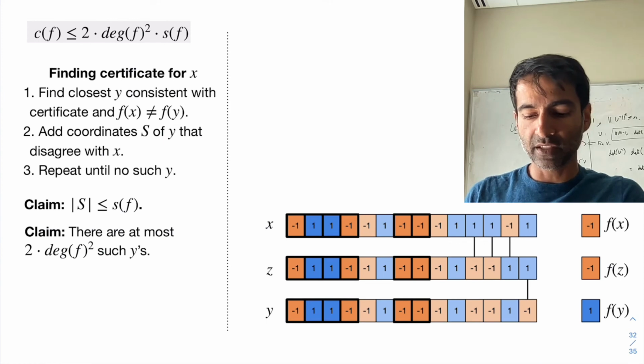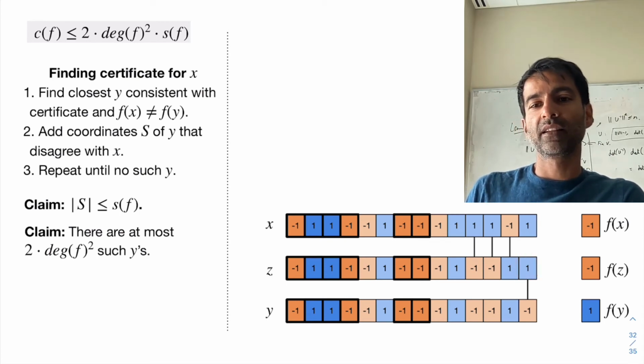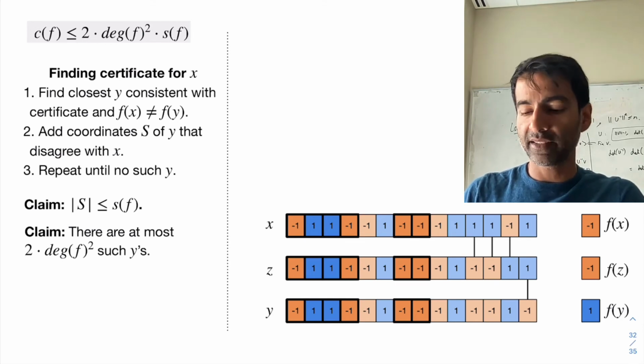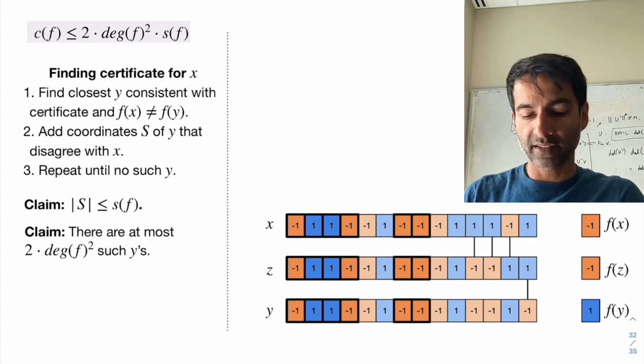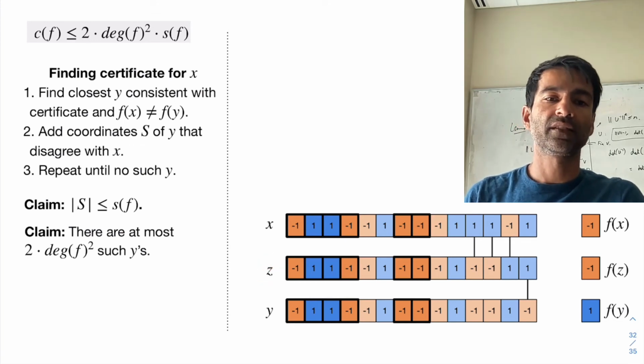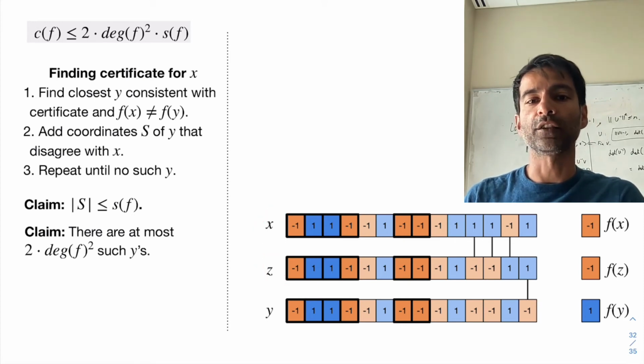And that's because if you consider the input z, which disagrees with x on these coordinates and agrees with x in the last coordinate, I claim that it must be the case that the value of f at z is equal to the value of f at x. And that's because if the value of f at z was not equal to f at x, then z would be a better choice for y. z would be closer to x and yet have a different value from x.